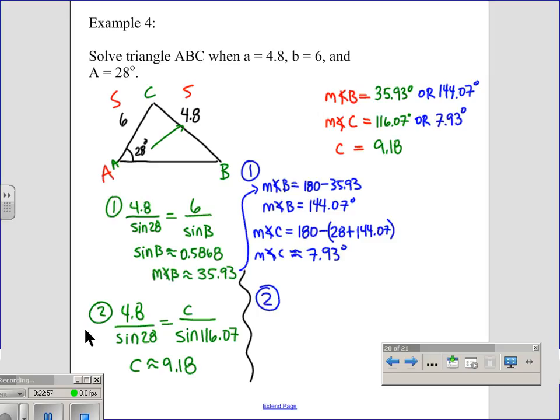Now I need to find c in the other case, so I'm going to use basically the same setup, 4.8 over the sine of 28, but this time c over the sine of that 7.93.